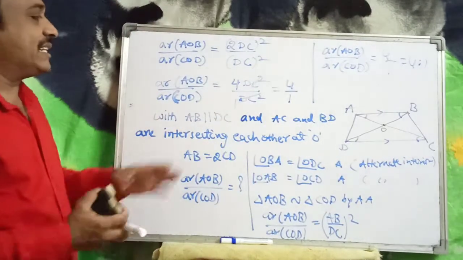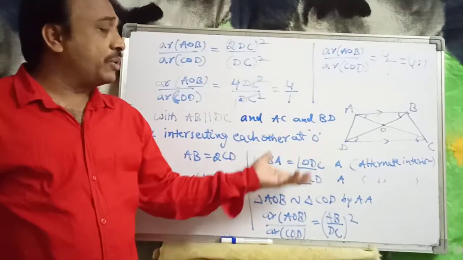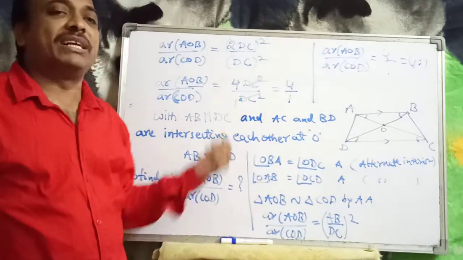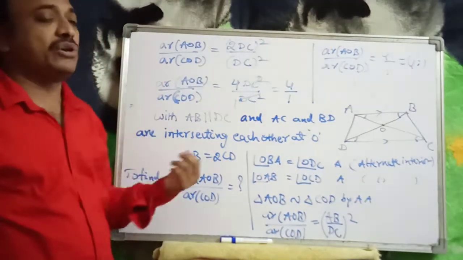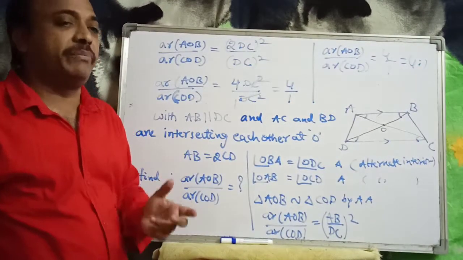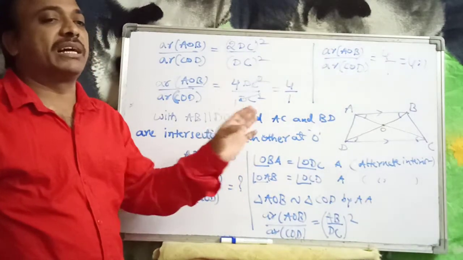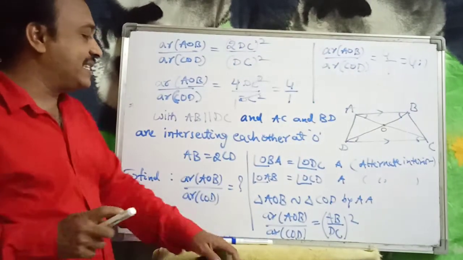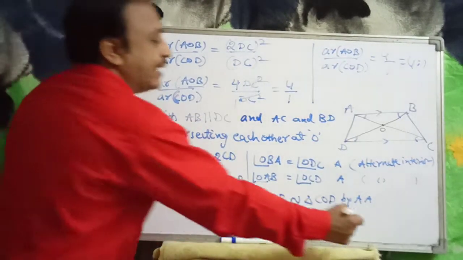So first we are proving the triangles are similar. Then once the triangles are similar, the ratio of areas of two similar triangles will be equal to the square of their corresponding sides. That reason you have to write here.